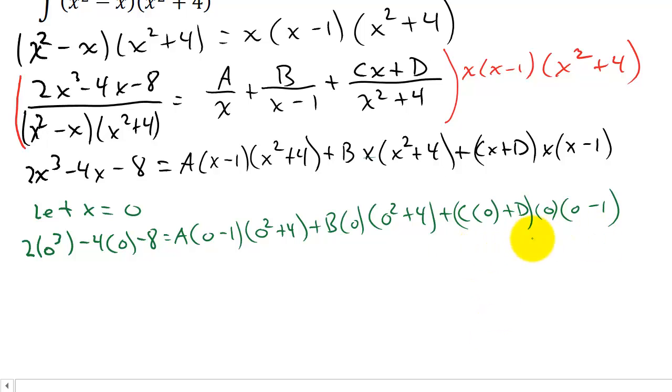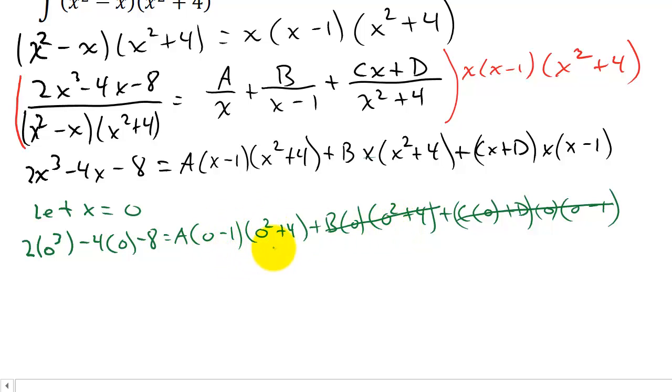So I plug the 0 in, and what that does is that gets rid of this term and this term, because I have 0 here times all of that is 0, and 0 times 0 squared plus 4 is 0 also.